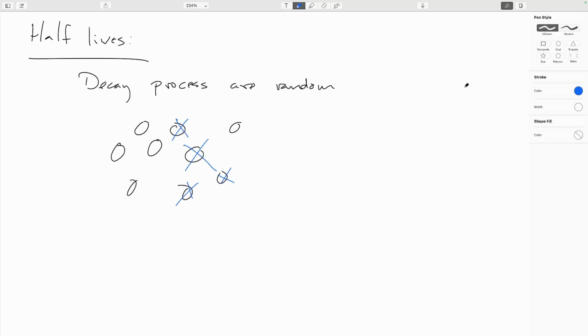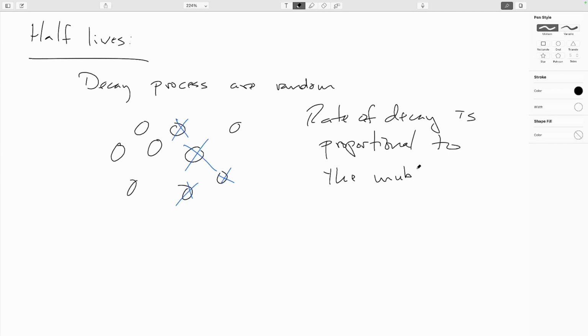So it turns out that the rate of decay is proportional to the number of undecayed nuclei.